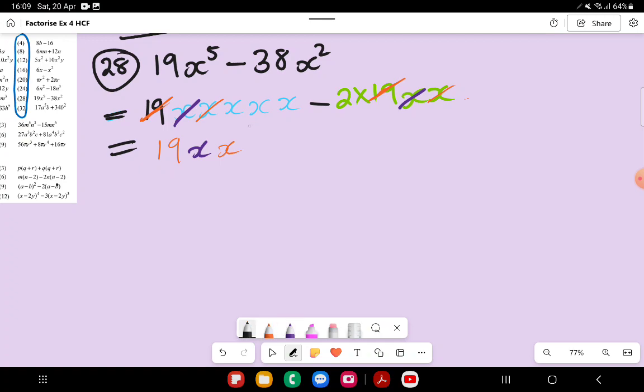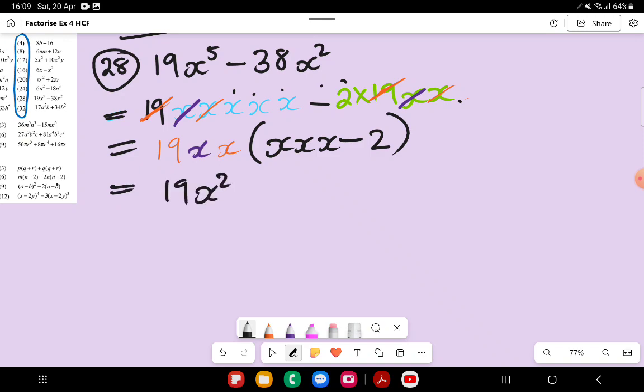So now I can see what's left. In the first number, gone, gone, gone, x, so that's 3 x's. 1, 2, 3, minus 2, and that's the end of that number. Close the bracket. That is equal to 19x squared, bracket, x cubed minus 2.